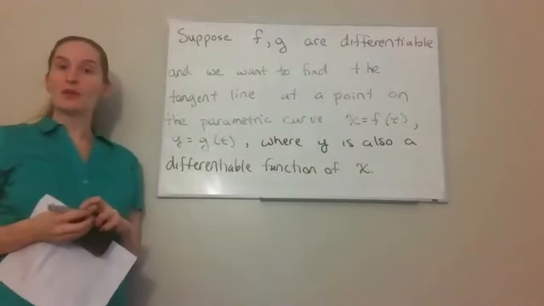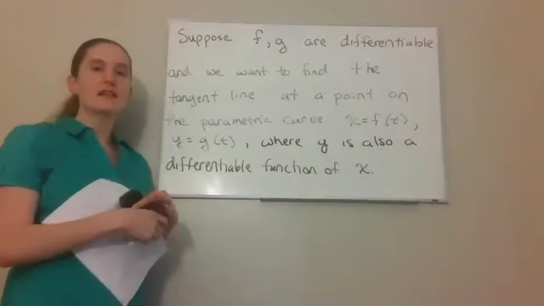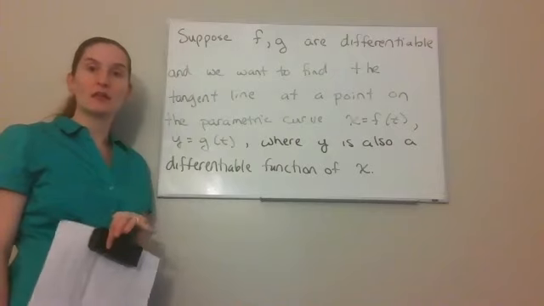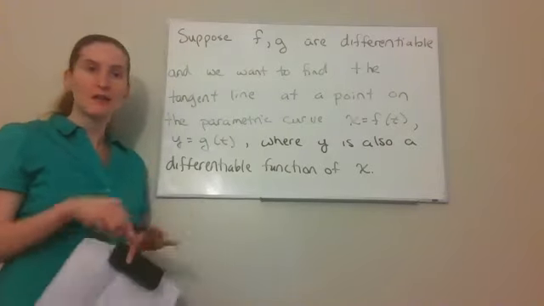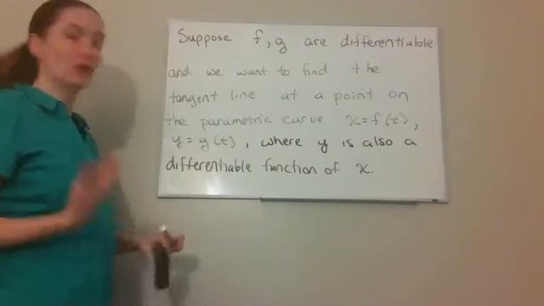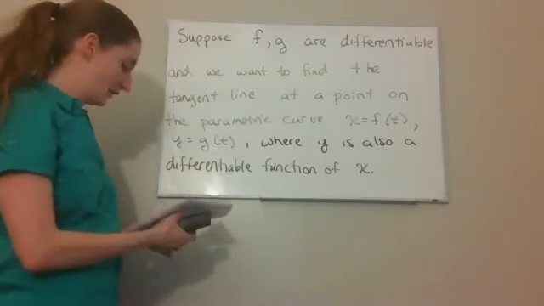Well, we remember from our Calc 1 days that the slope of the tangent line is going to be the derivative of y with respect to x, dy dx. So we're going to use our chain rule to find what dy dx is.